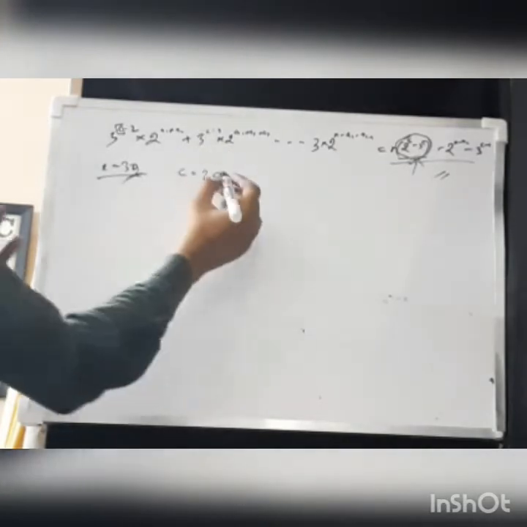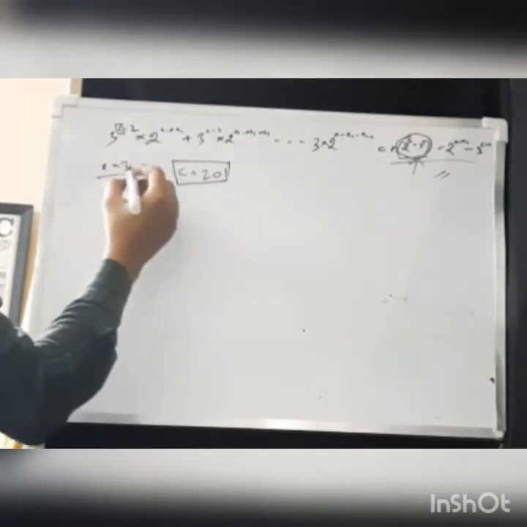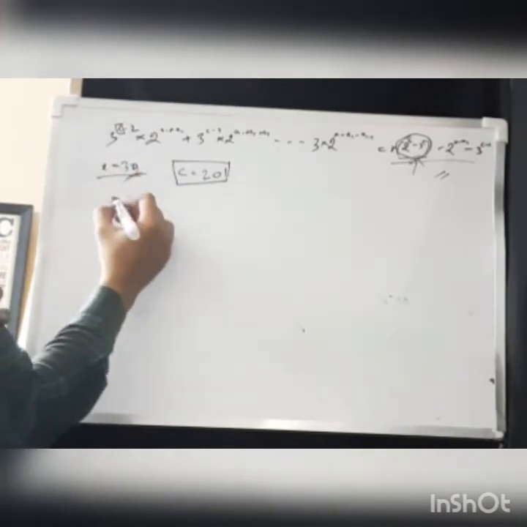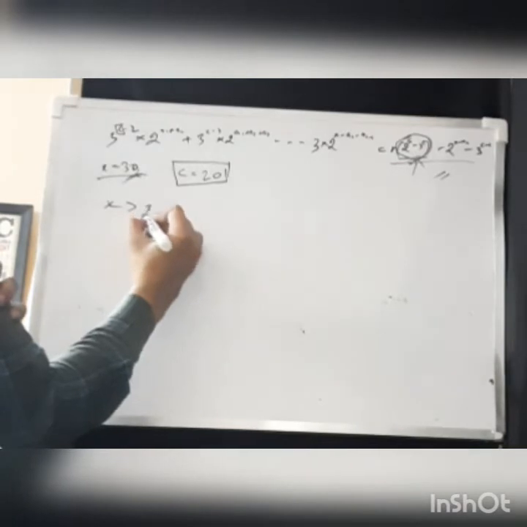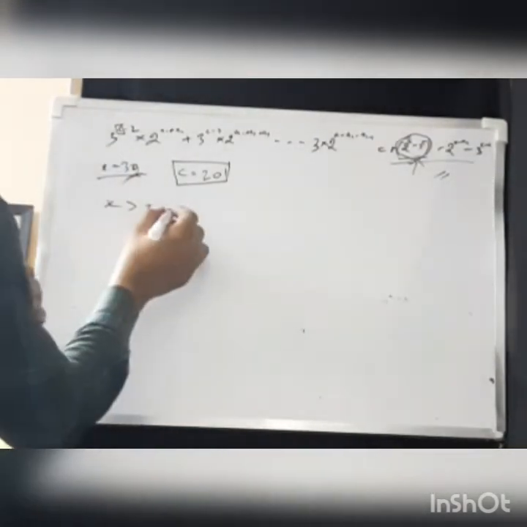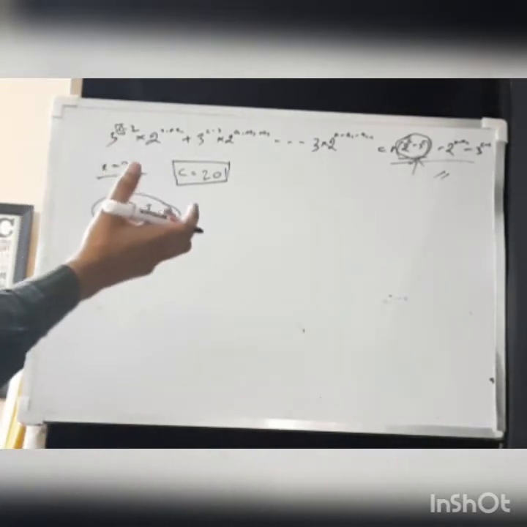Or in other words, if I say that C is equal to 20, I am forced to take x a little greater than 3/2 C, nearly equal, for me to barely remain in the positive spectrum.